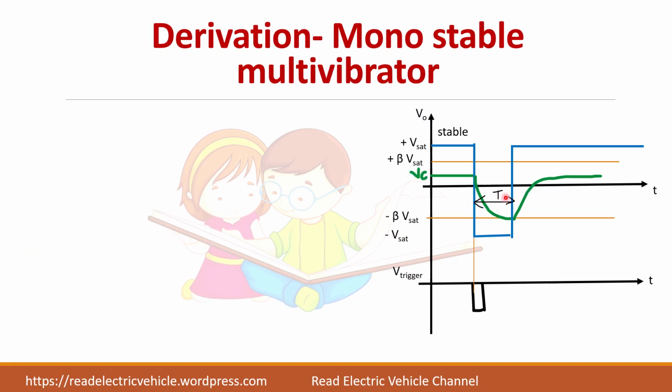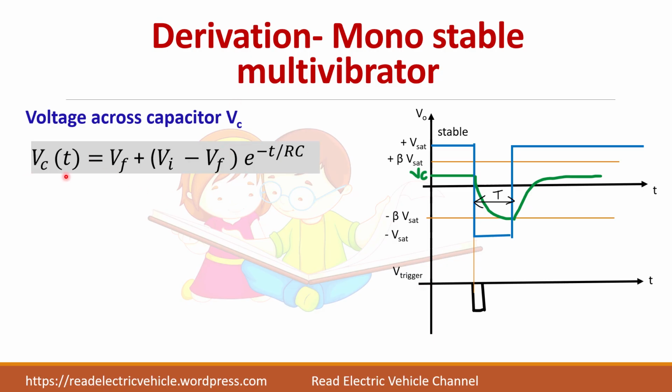Now let us derive the equation for this period T. The derivation is similar to that of astable multivibrator. So the capacitor equation remains the same. Vc of t is equal to V final value plus initial value minus final value into e power minus t by RC.